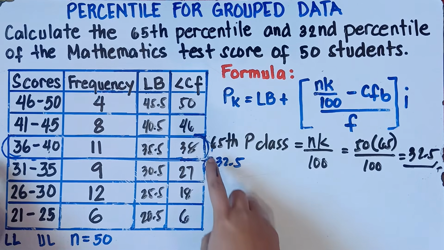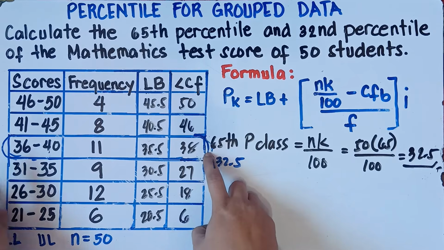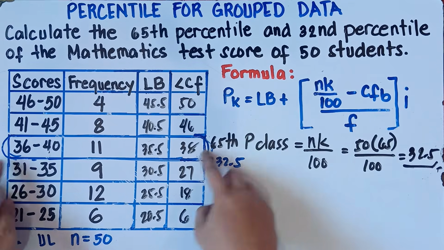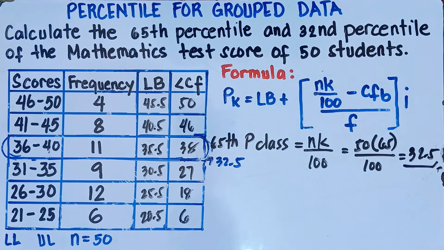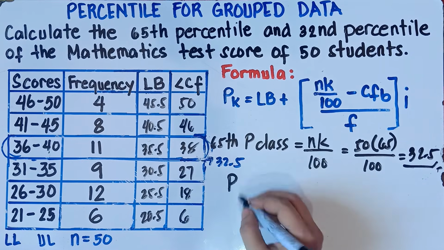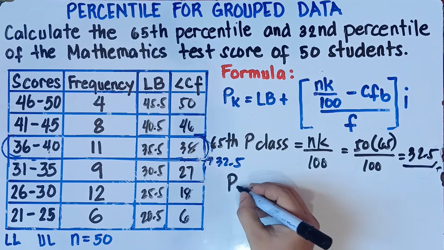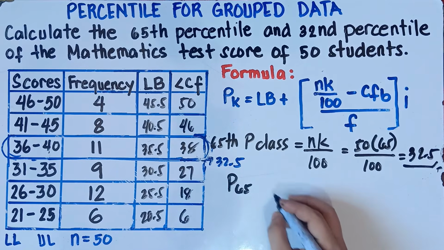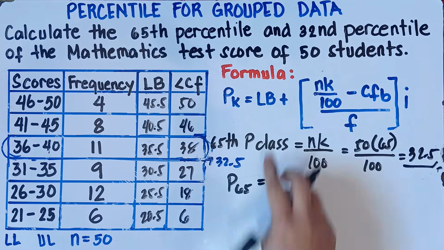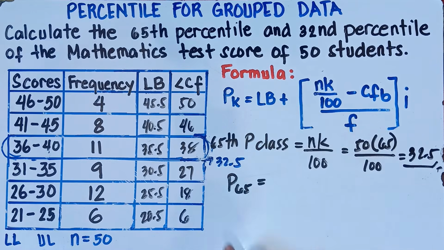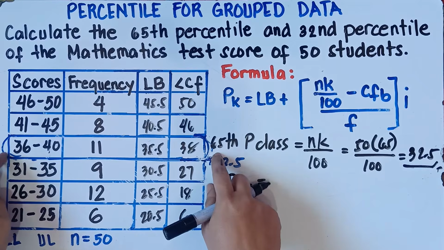Alright, so once you get the percentile class, this will be very easy, class, because we'll be using this in our formula. So let's find percentile 65. P sub K, once again, K is the percentile that we're looking for. So P sub 65, percentile 65, is equal to LB, lower boundary. Once again, we refer to our percentile class.